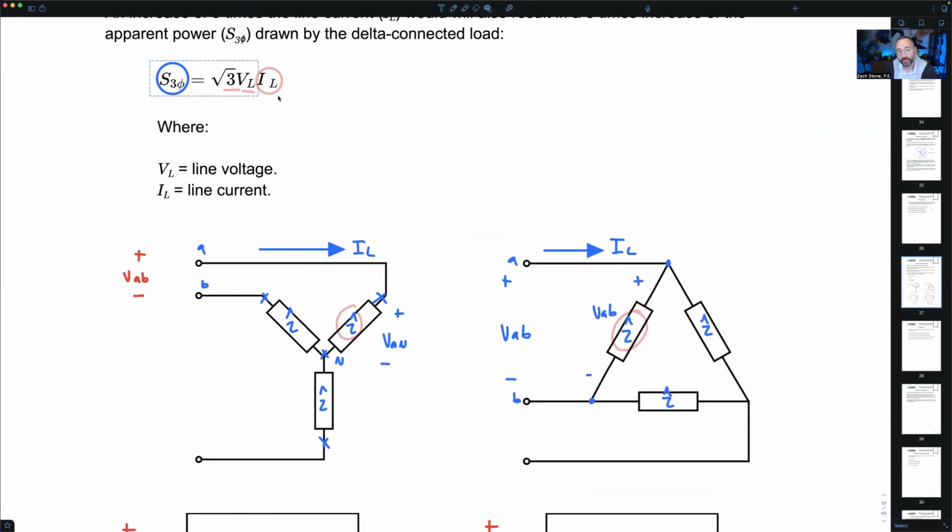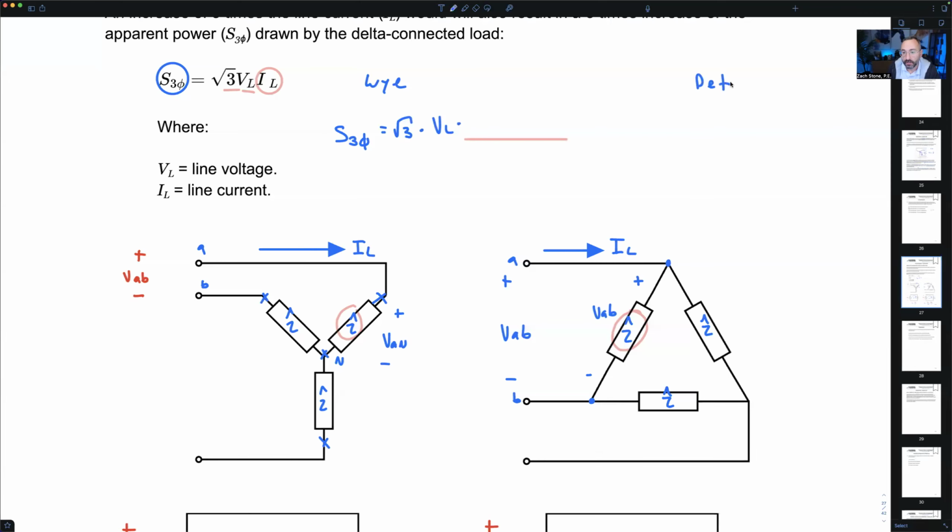Let's evaluate these using the three-phase apparent power formula. So for my Y connection, three-phase apparent power equals square root 3 times my line voltage. I'm just going to use VL, right? They're equal in both circuits, times my line current. I'm going to leave that blank for now.